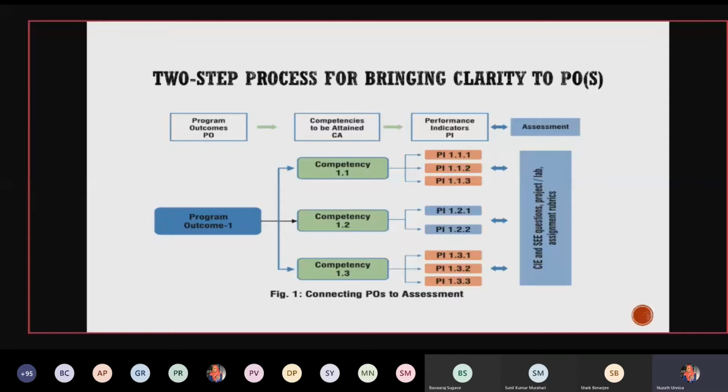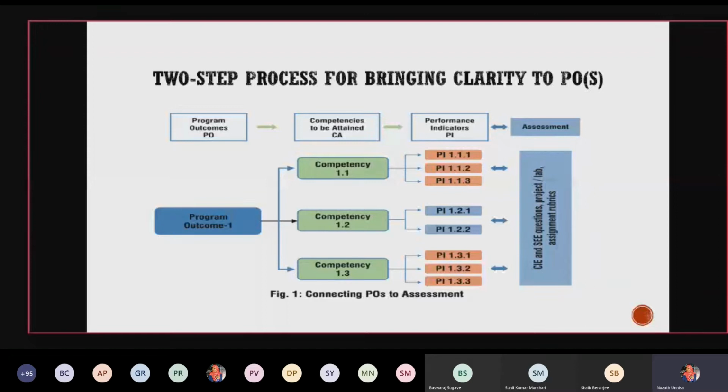We have a program outcome and the competencies to be obtained. There are 3 competencies listed, as we discussed just now. Then we have performance indicators, and each of these performance indicators is to be mapped with our course outcomes.